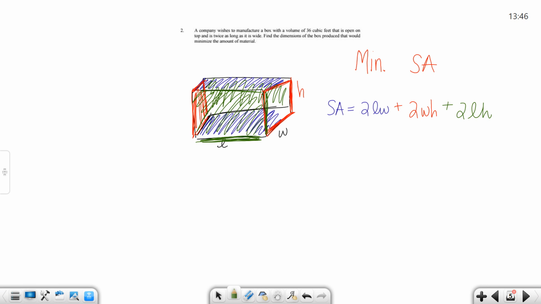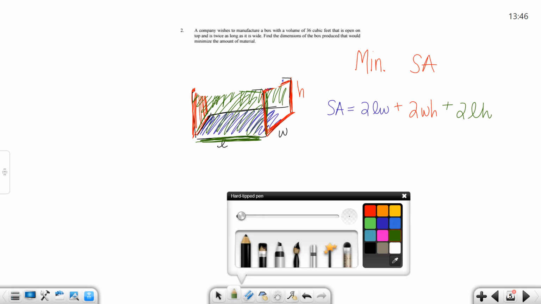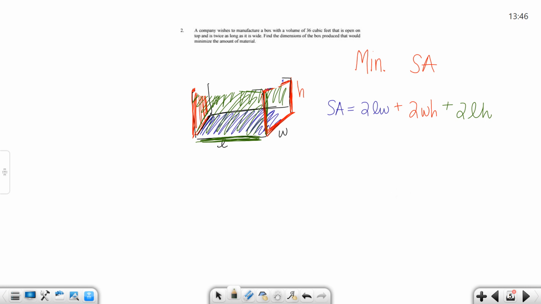Now, this is the surface area of all boxes, but our box is special because if you read on there, it says it is open on the top. So that means it doesn't have a top. So let me erase this blue part for a second. It doesn't have a top. Let's see if we can draw it back.